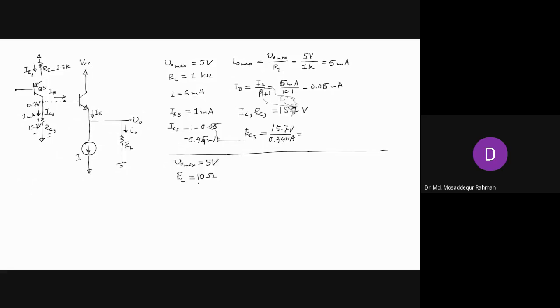And how much RL is there for your project? What is the value of RL? Have you seen that? I guess not. Yes, sir. How much?